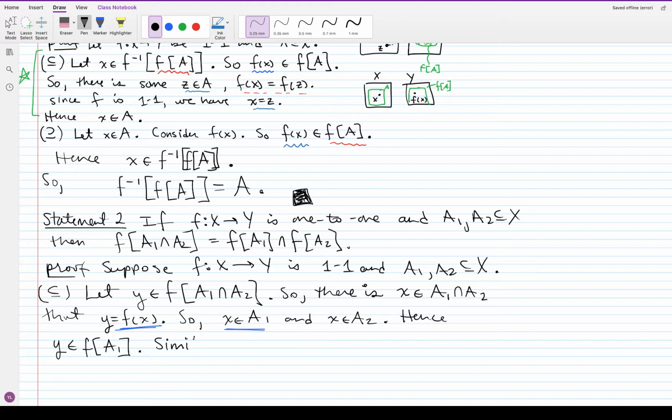Similarly, y is in f of A2 by putting together this observation and this observation. And by definition of and, y is in there and y is in there, so we have y is in the intersection of those two images.